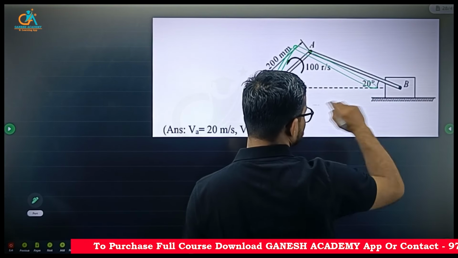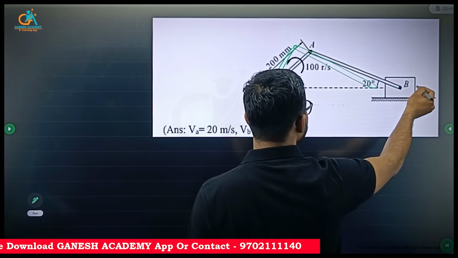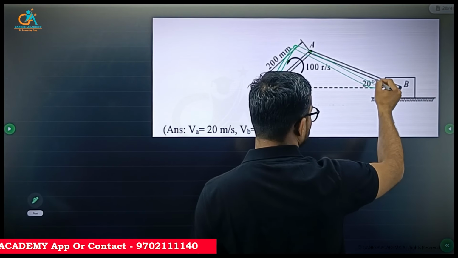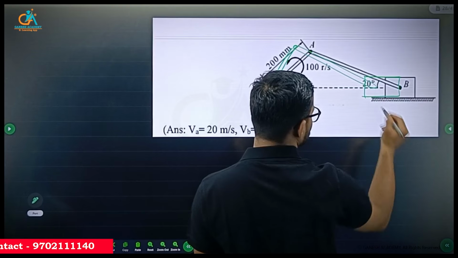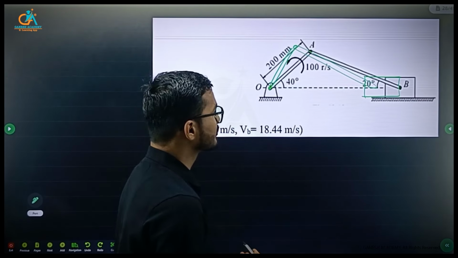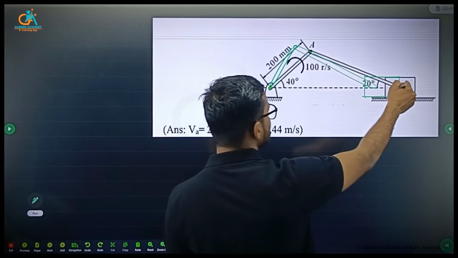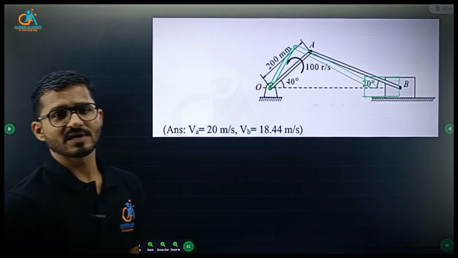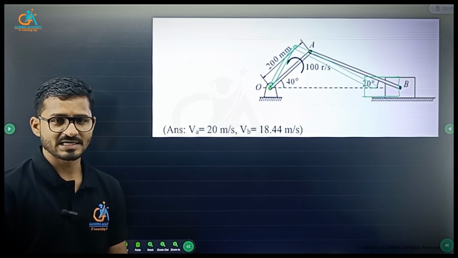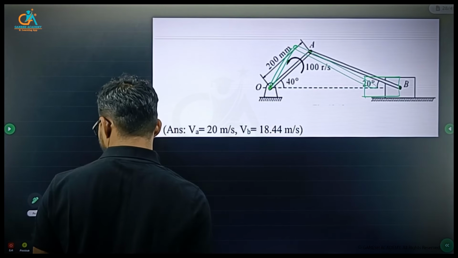Rotation as well as translation, and because AB rod is connected at B to this slider, this block will also move. So block B is performing translation motion, OA is performing rotation motion, and AB is performing general plane motion, which is a combination of rotation and translation. So first we have to identify that.